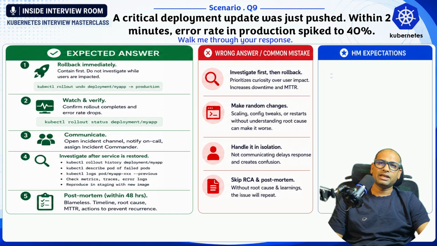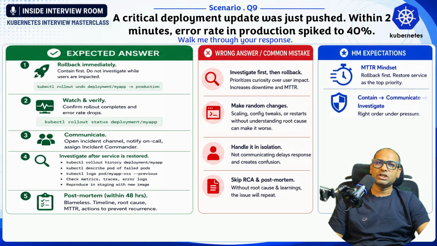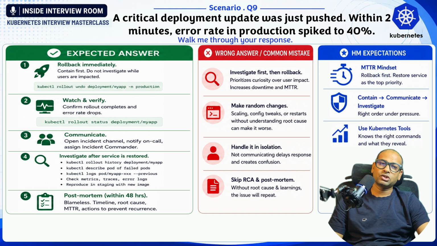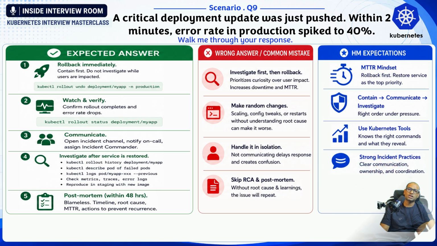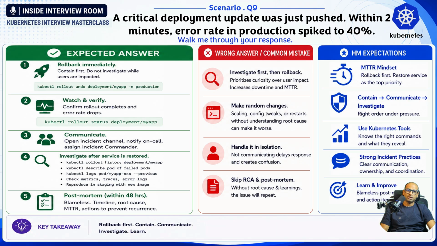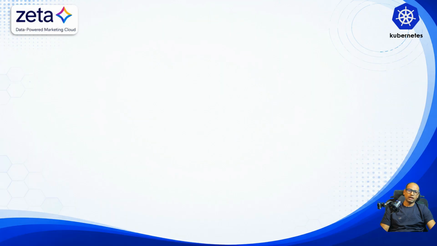What I'm scoring is MTTR mindset: restore service as top priority, the right order under pressure, fluency with the actual Kubernetes commands, real incident discipline, and a blameless learning culture. Rollback first, contain, communicate, investigate, learn.